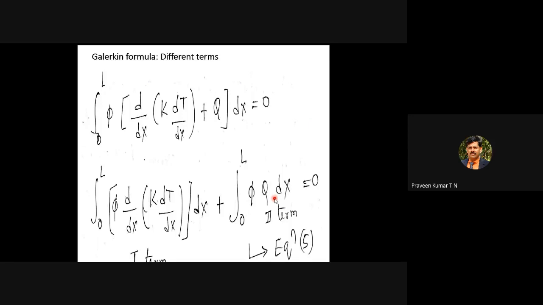The lower case RQ is for the elemental heat generation vector. The capital RQ is for the global heat generation vector.